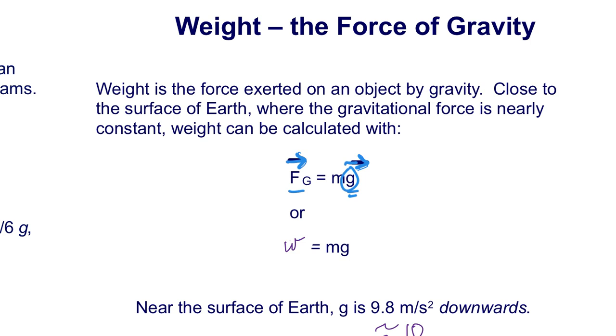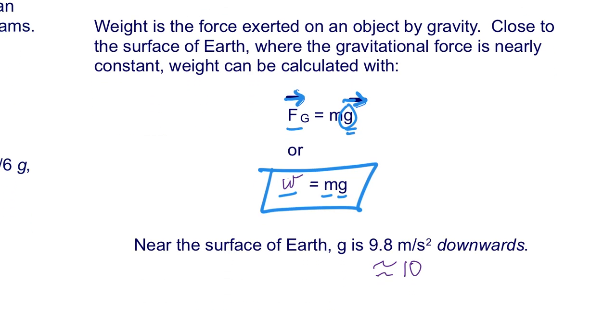So basically, here's the equation, and it's a variation of Newton's second law of motion. Weight equals mass times the acceleration due to gravity at your location.